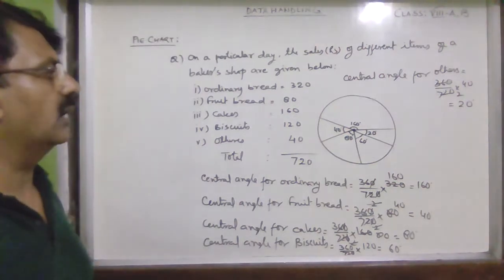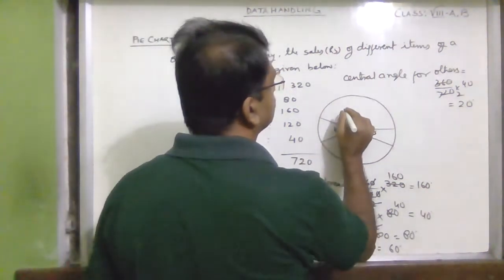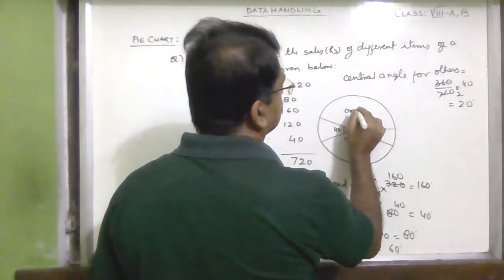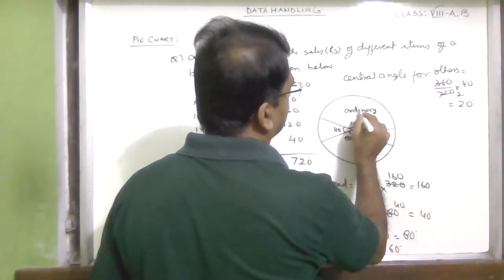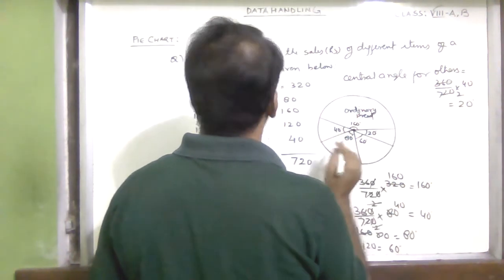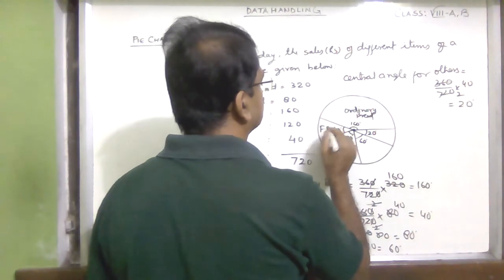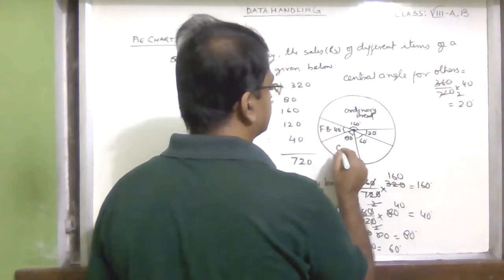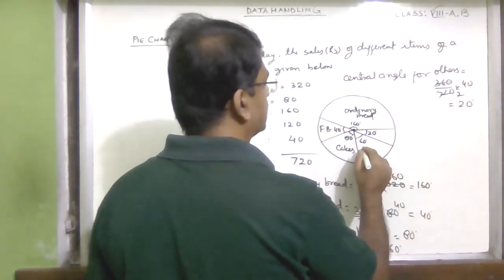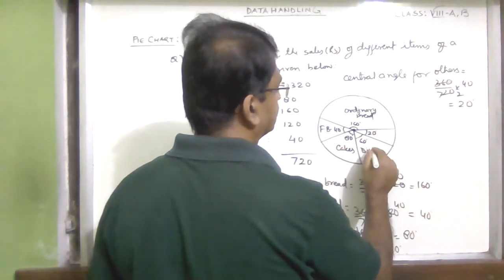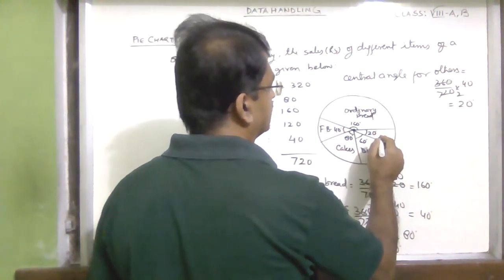Now this is ordinary bread. This is fruit bread. This is cakes. This is biscuits. And this is others.